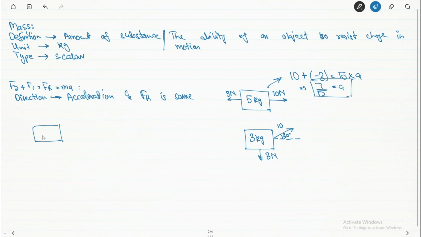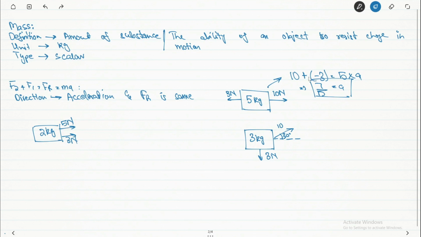7 over 5 is this body's acceleration due to these forces. Now, what I'm talking about is that you shouldn't view these forces as just forward and backwards, right? They can be up and down. For example, there's a box of 2 kg and there's a force of 5 newtons here and 3 newtons here, right? Instinctively, you know that the resultant force is 8 newtons to the right.